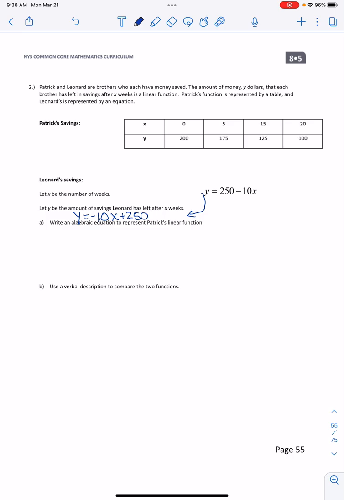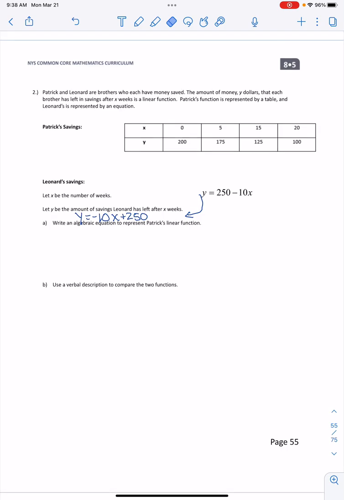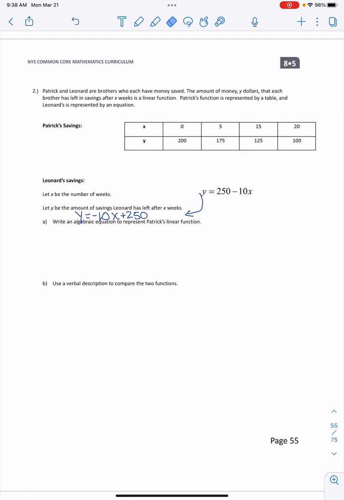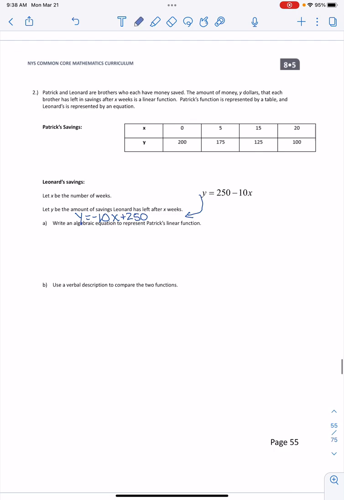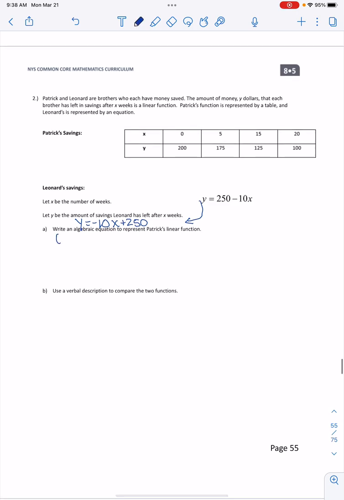change this table and write the function rule, because it says write an algebraic equation to represent Patrick's linear function. So the first thing that we need to do is find the rate of change. So doing that, I'm going to take 2 points. The 2 points I'm going to take are 5 and 175 and 15 and 125.